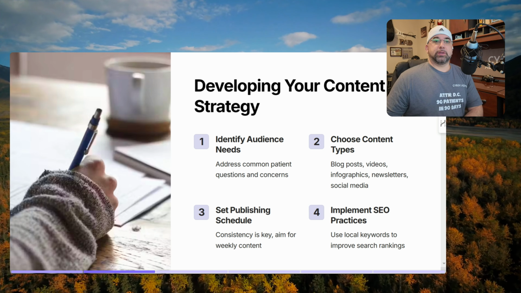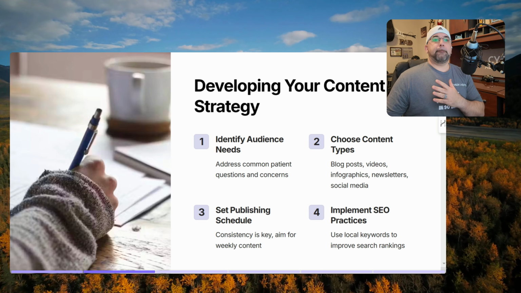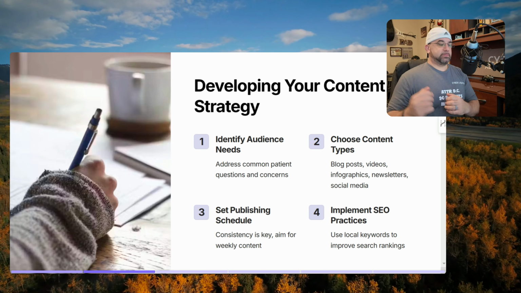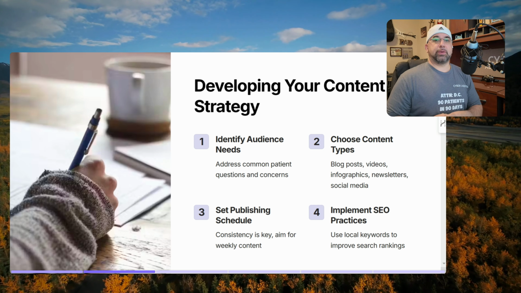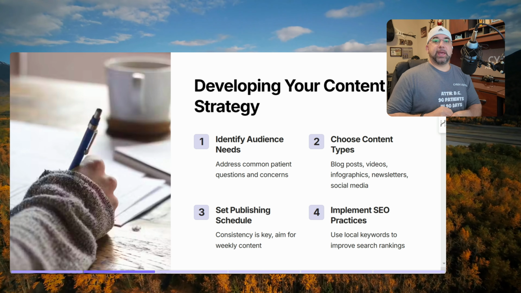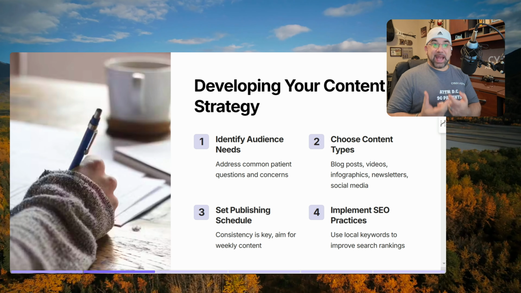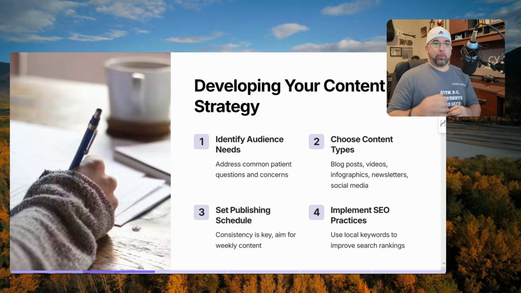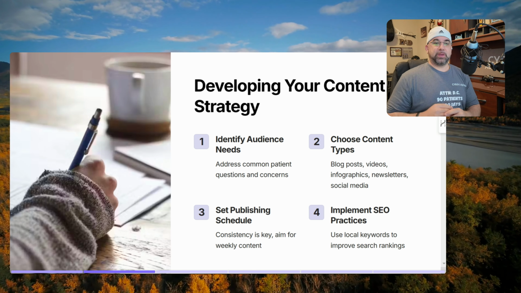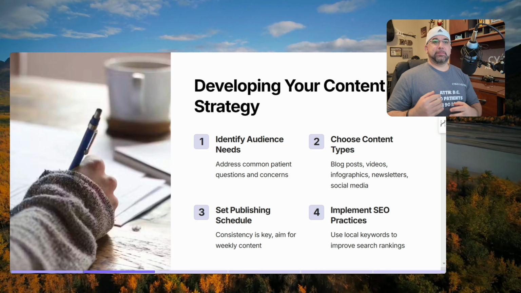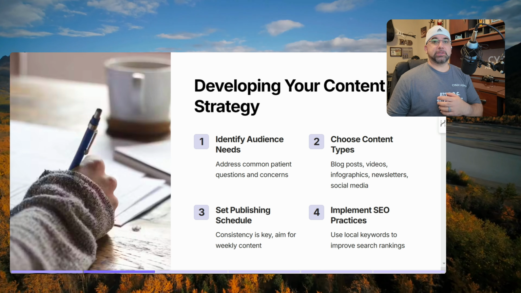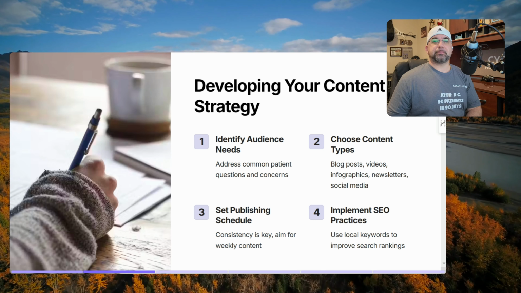Research local keywords. For example, back pain relief in whatever city you're in or county, and then incorporate them naturally into your content. You don't want to just put it at the end of your post. Put it in a sentence. Make it look natural, because Google does see that.